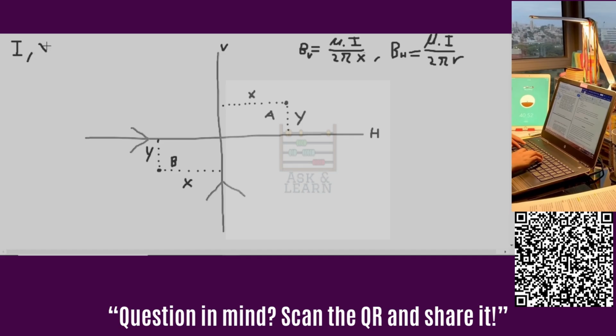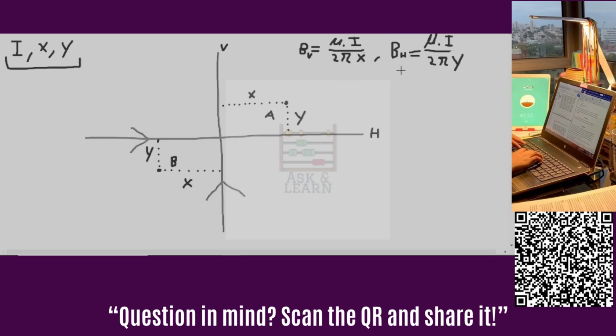We're given the values of x and y. So at point A, we can get rid of the r and put in x for r. We can do the same thing for BH, but for BH it's a distance y at point A, so we can put in y for r here. And we can use those two to calculate the two values, BV and BH.